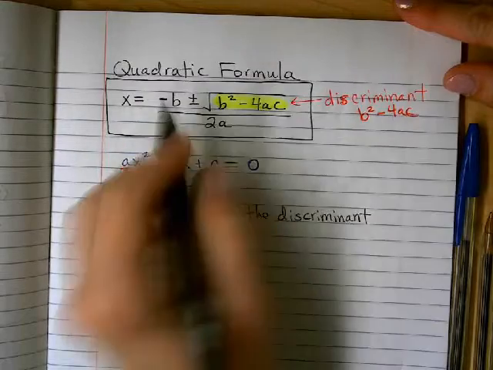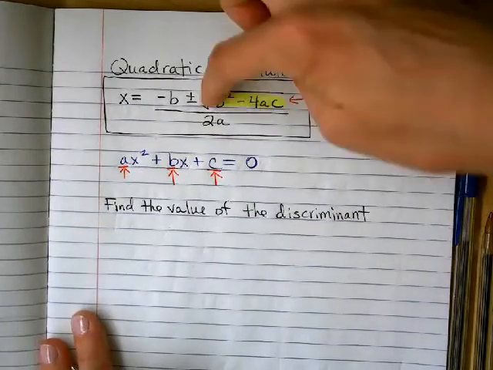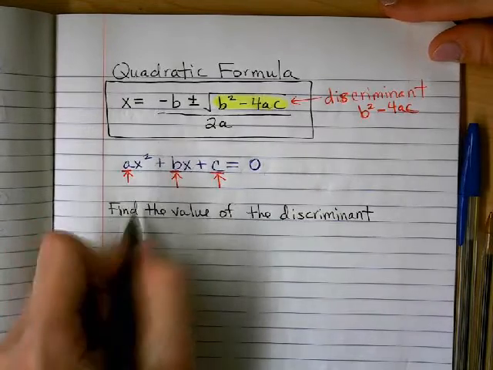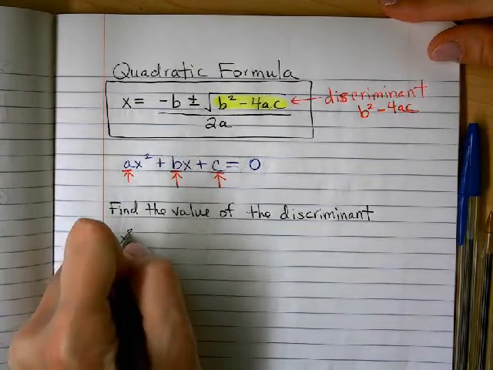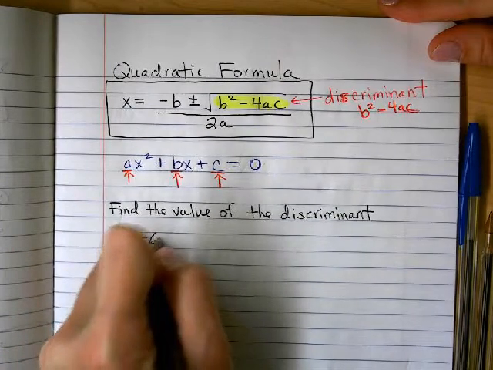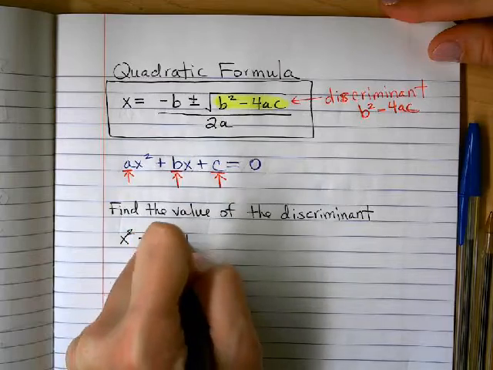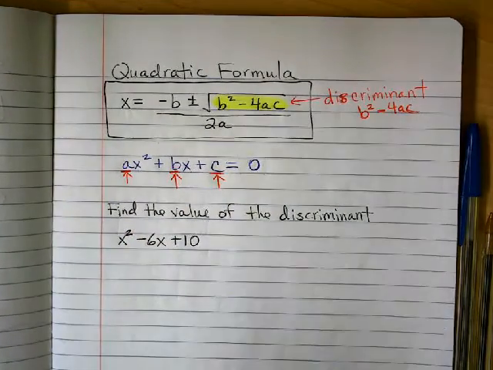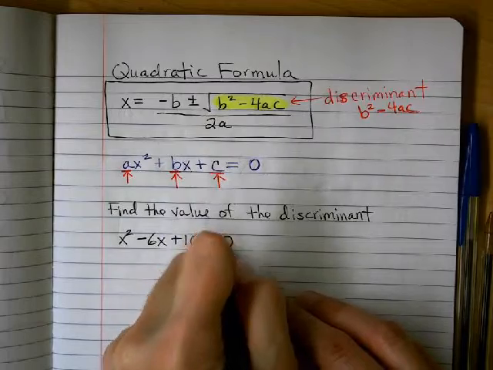So I'm not going to have to even do the whole formula this time. I'm just going to have to do the yellow part. Find the value of the discriminant. Let's say I gave you a problem that said x squared minus 6x plus 10 equals 0.